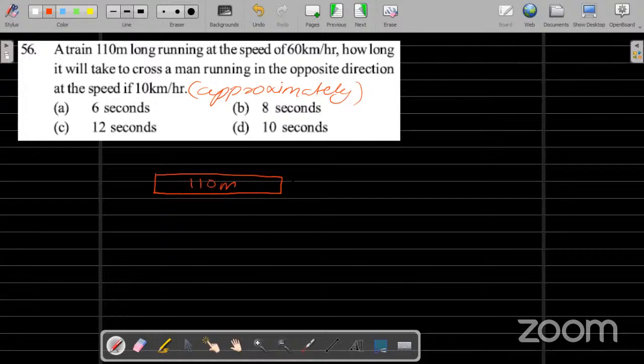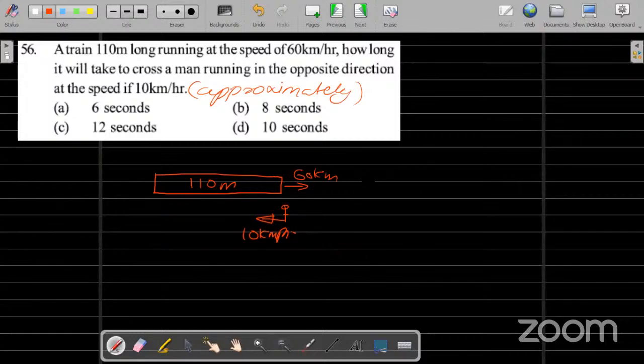So the length of the train is 110 meters, running with a speed of 60 kilometers per hour. A person is running in the opposite direction at a speed of 10 kilometers per hour. This is the situation. We need to find out the time taken.